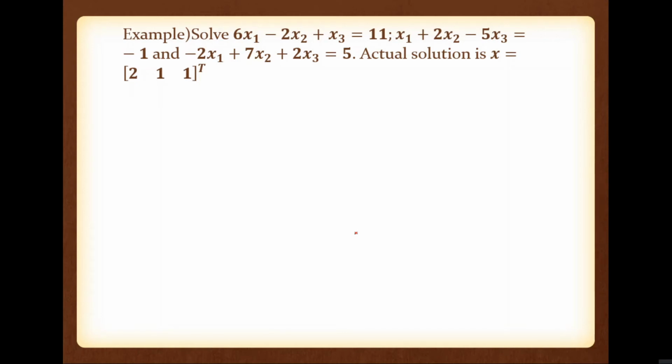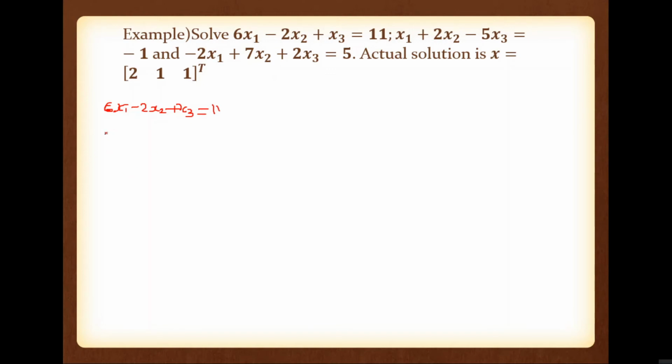In last class I told you the actual solution is x equal to column vector 2 1 1. So if you are writing this equation as such, we have 6x1 minus 2x2 plus x3 equal to 11.